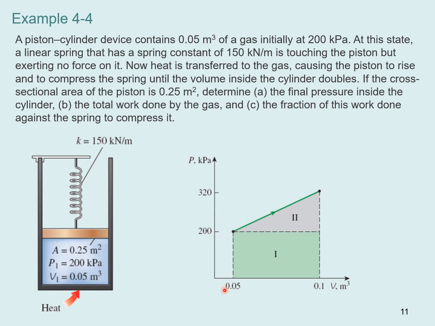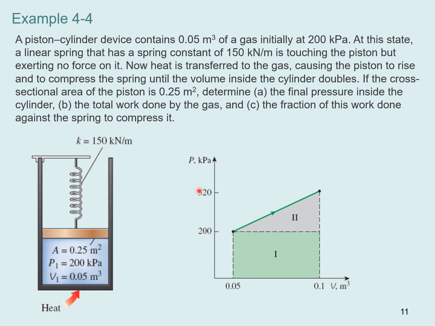It's going to start in our initial state at 0.05 cubic meters at 200 kilopascals, and it's going to expand the volume until you get to 0.1 cubic meters, which is what we're told, because we're told the volume inside the cylinder doubles. So that sets the initial state we have here.